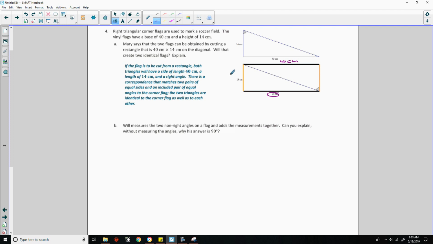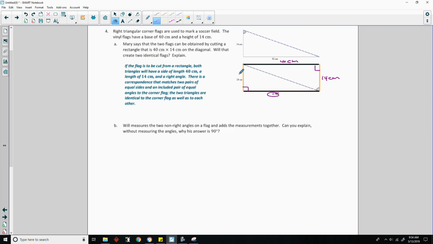So, if this is 14 centimeters, this is 14 centimeters. There is a correspondence that matches 2 pairs of equal sides and an included pair of angles on the corner flag, because this is a 90-degree angle. This is a 90-degree angle. Because, by definition of a rectangle, opposite sides are congruent and all 4 angles are 90 degrees.